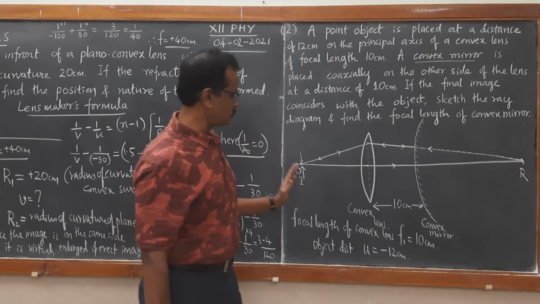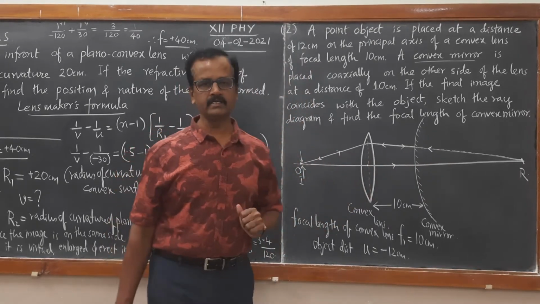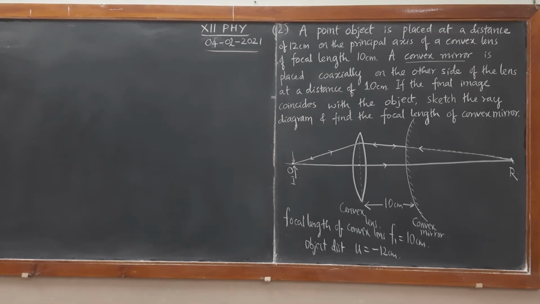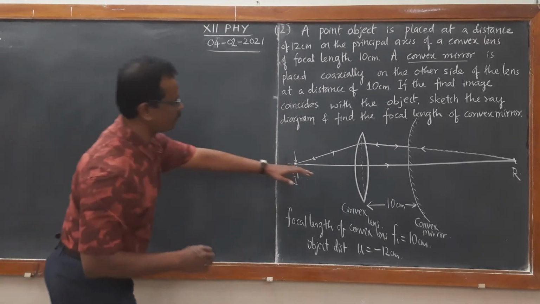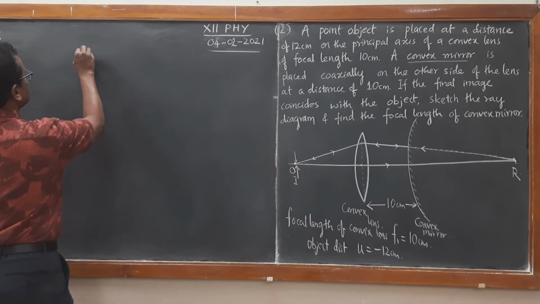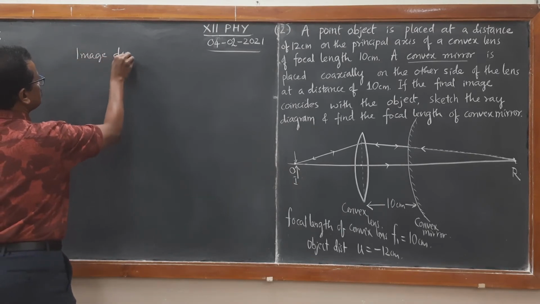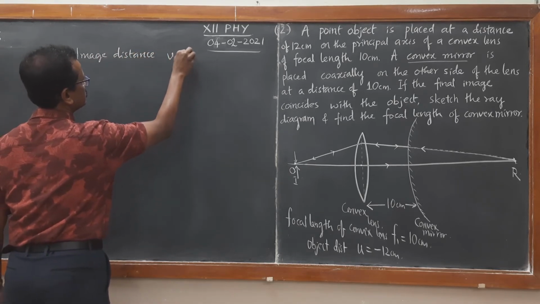Okay. So first I can obtain the image distance using the lens formula. First I am going to find the image position formed by the convex lens. Image distance V1 is equal to what?